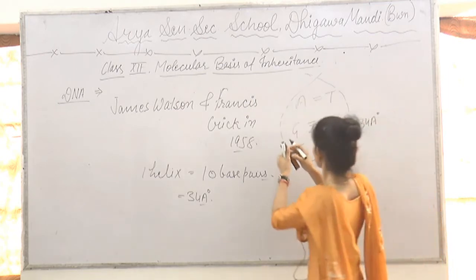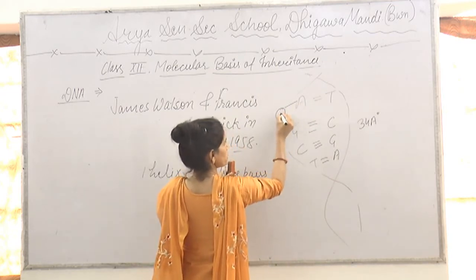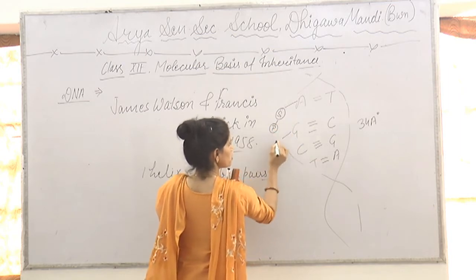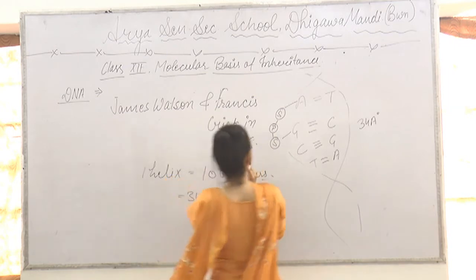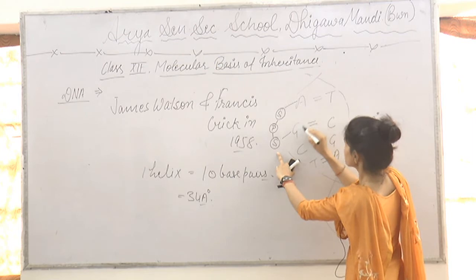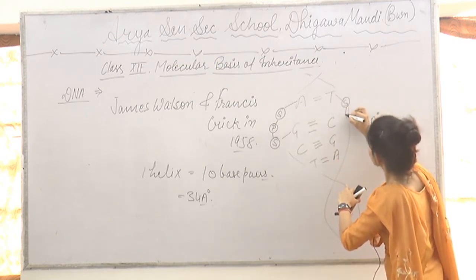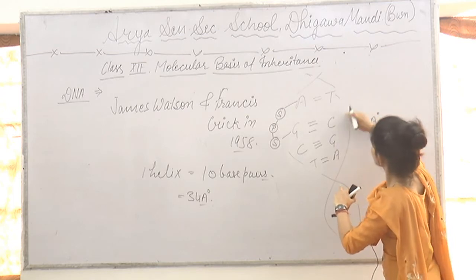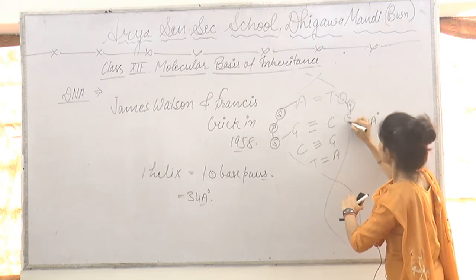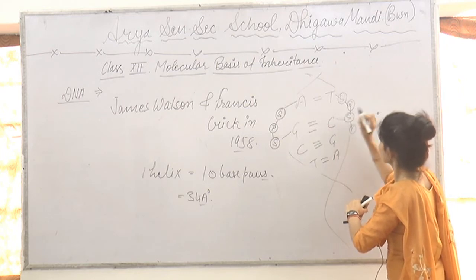And there are the other two parts. One is phosphate group and pentose sugar that is also present here. Sugar molecules will always be present with the nitrogenous base here and also towards this side, sugar, and this is phosphate group. This is another sugar, this is sugar, phosphate group, this is sugar and remaining phosphate group, and this is sugar.